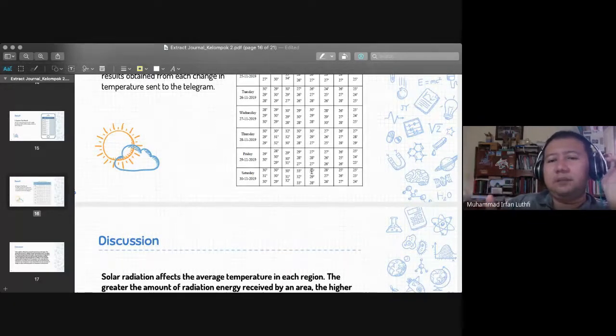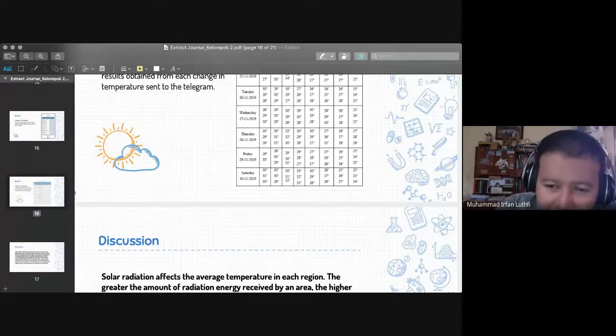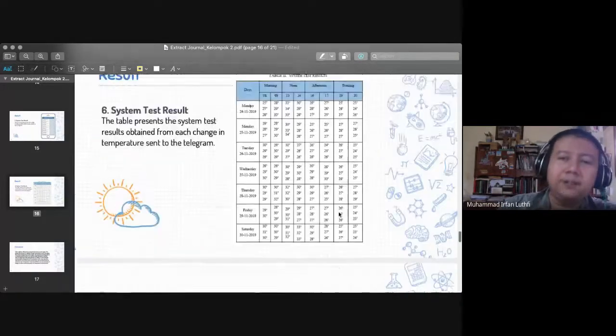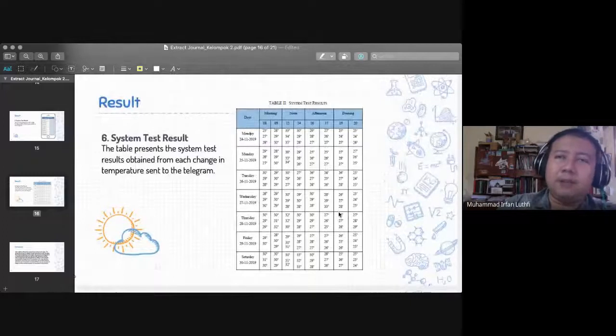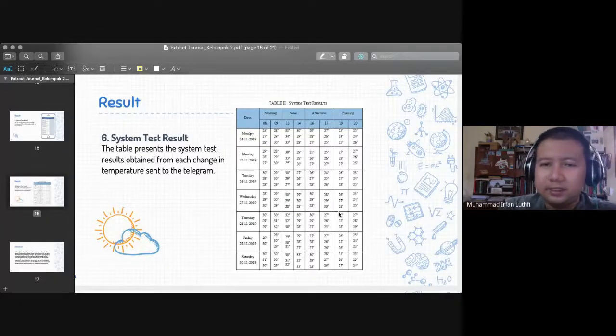So compared to the first group, the paper in the first group is almost complete. The format itself is really complete. It's a common format. It is just not like the second group's paper, because maybe this is a local paper, right? It's published in Universitas Muhammadiyah Yogyakarta, I think, UMY, right?